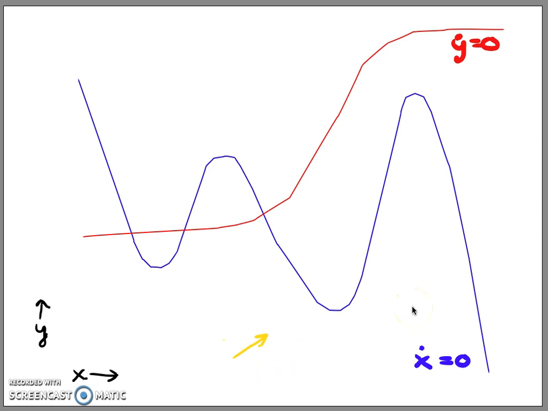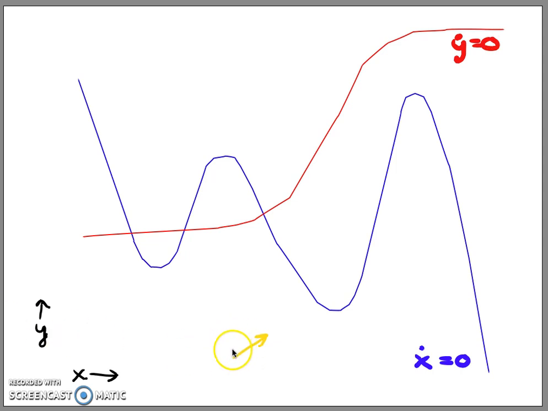Then I've plotted the X null line in blue and the Y null line is in red. Now there's a number of ways to begin, but I think what we'll do is simply try to figure out the general direction of flow in each of the quadrants.